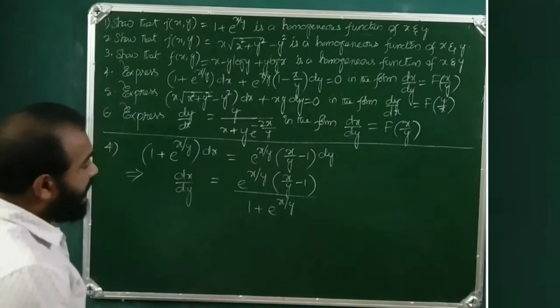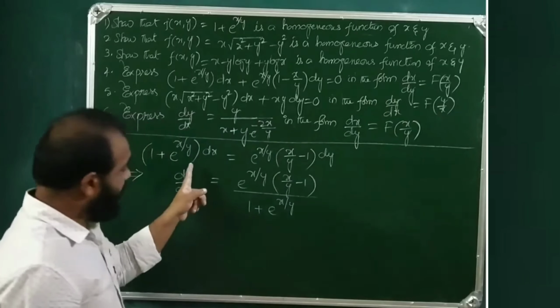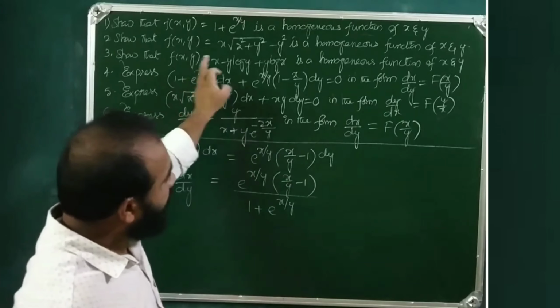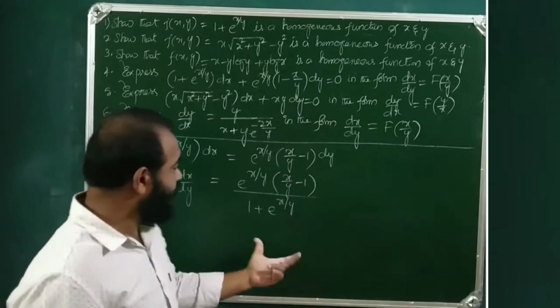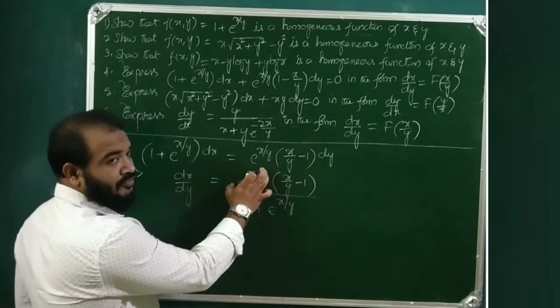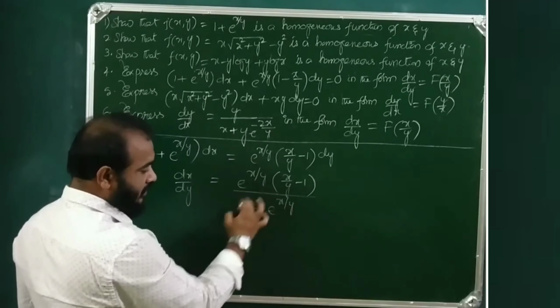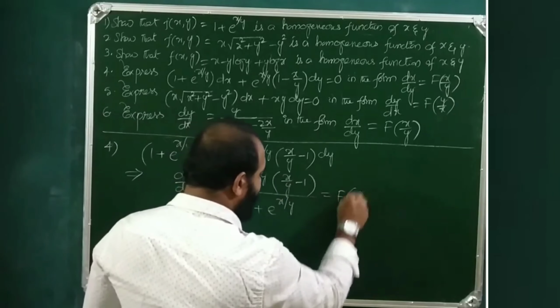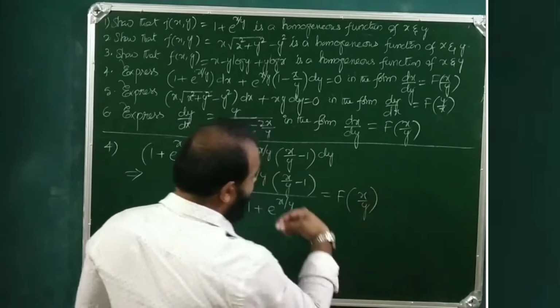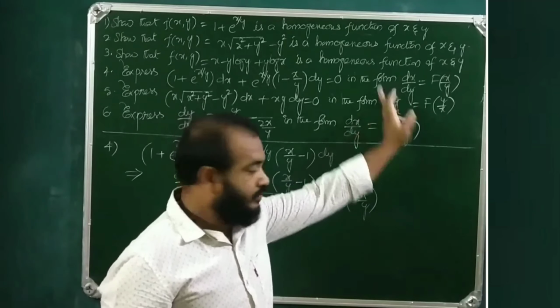So he just asked us to express the given function into dx by dy equals to, see, e power x by y is a function of x by y, x by y minus 1 is a function of x by y. So this whole is a function of x by y. That is what he asked us to prove.